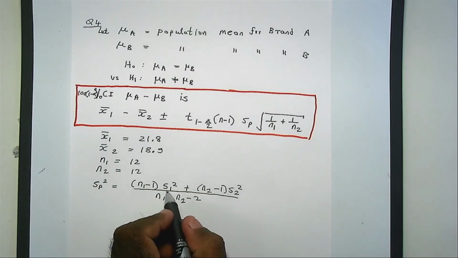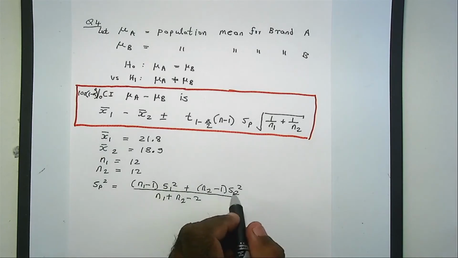Here, S1 squared is the sample variance for the first population, and this is for the second population.